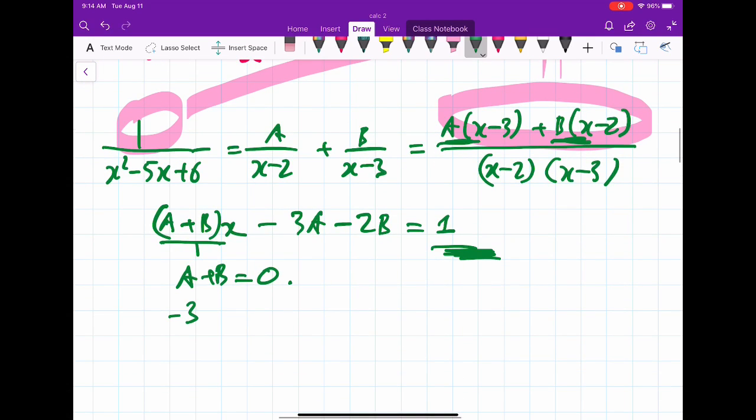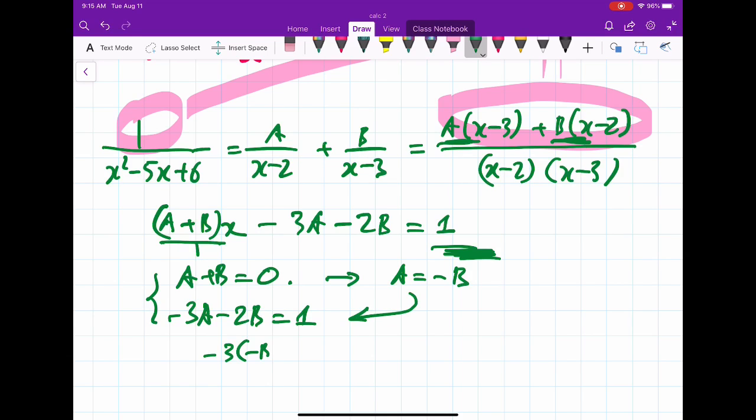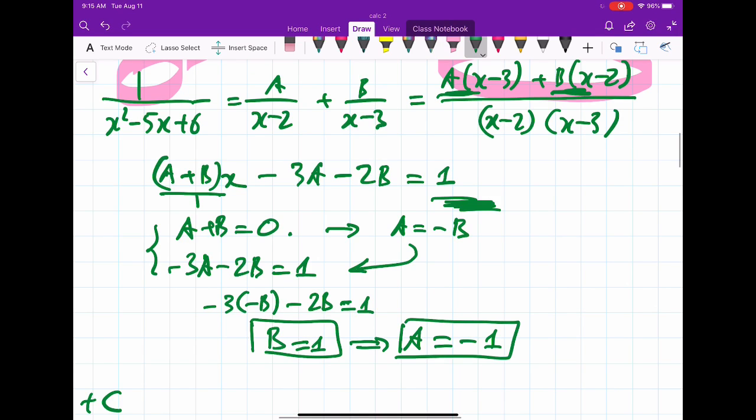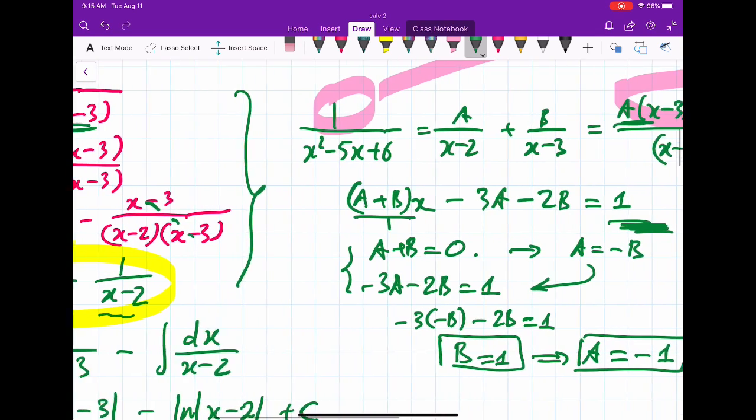And we have negative 3a minus 2b equal to 1. From the first equation, I have a equal to negative b, and I plug this into the second one, I get negative 3 times negative b minus 2b is 1, or b is equal to 1. From here, I get a equal to negative 1. Done.